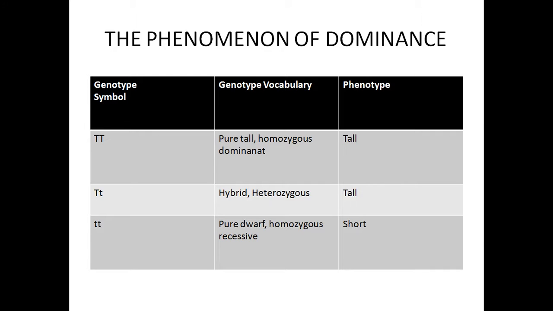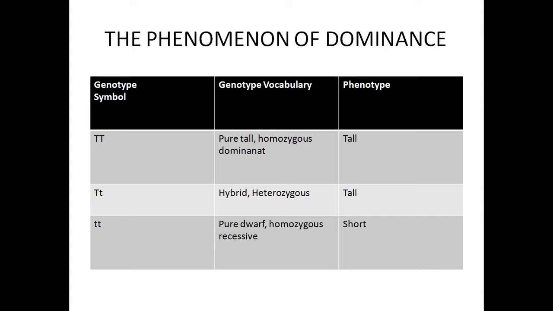The character which appears only in the homozygous condition is the dwarf, the homozygous dwarf character. The character which is expressed both in heterozygous and homozygous is the tall or the dominant character.